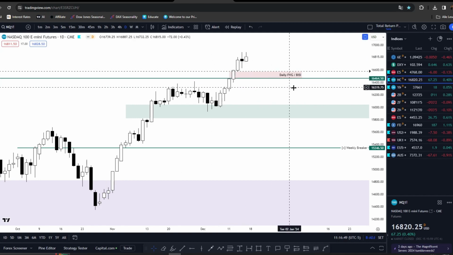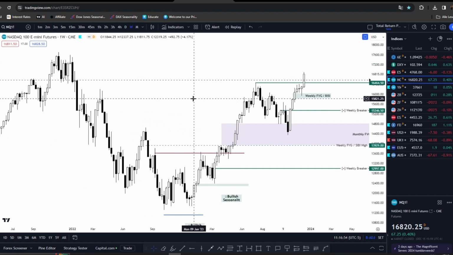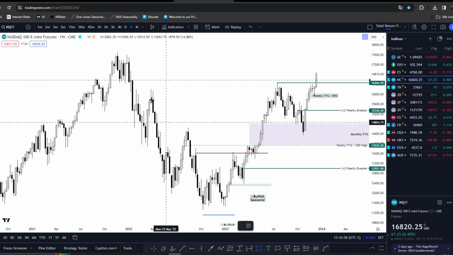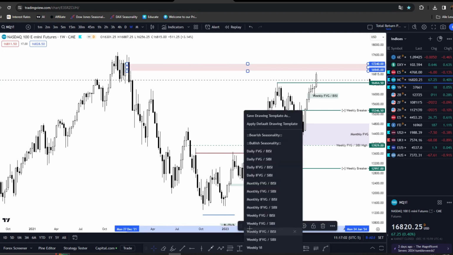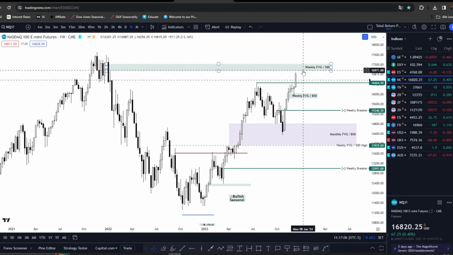Nasdaq, same thing. Looking for retracement on the weekly chart. Next week we could see a nice run up into this weekly SIBI right here. Yeah, it's really a nice target.